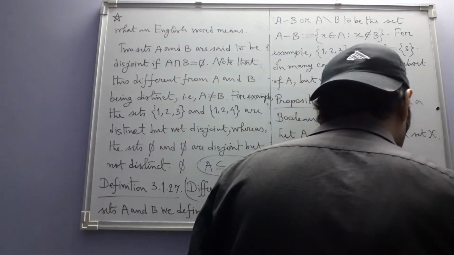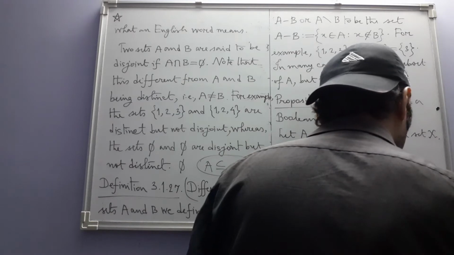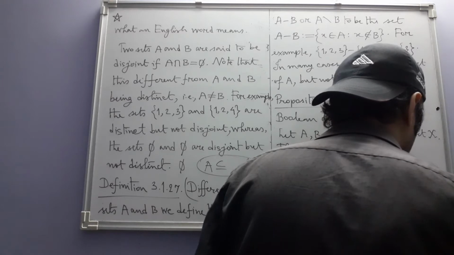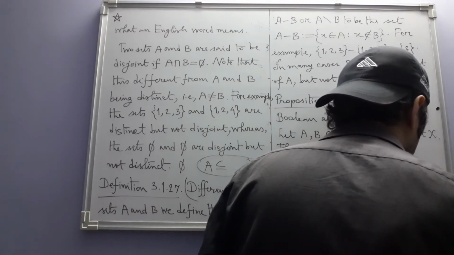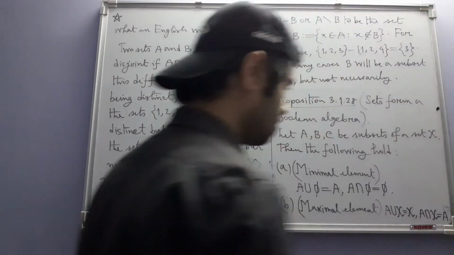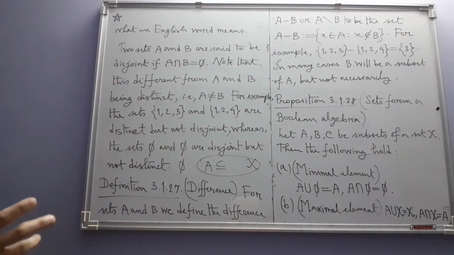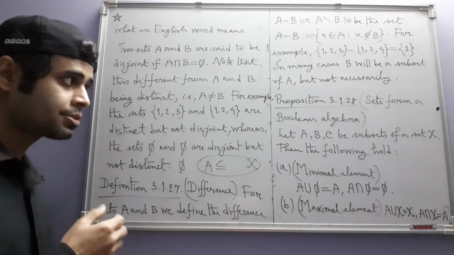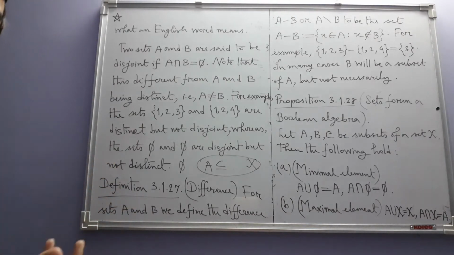Let me write it here. A union X is X and A intersection X is A. The statement is that a class of sets is partially ordered by inclusion.